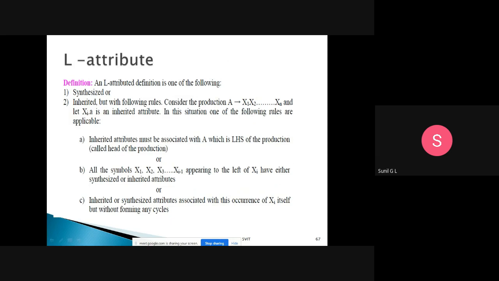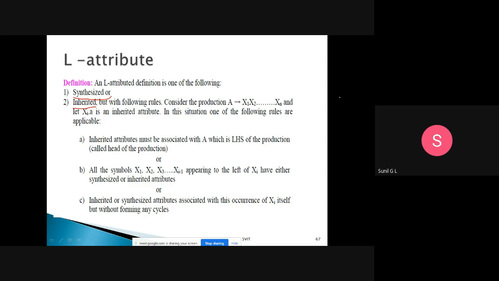And that is the introduction. Now the definition: it may be a synthesized attribute or an inherited attribute, but with the following rules.